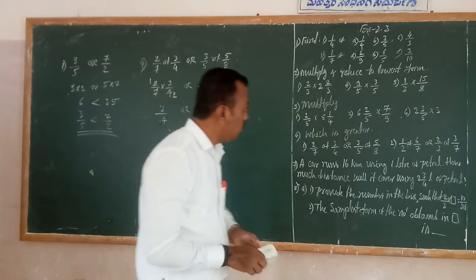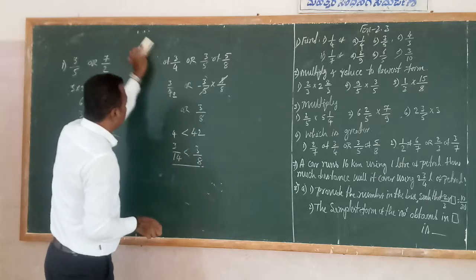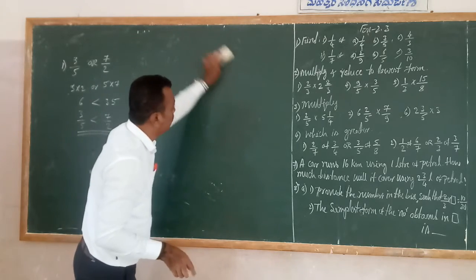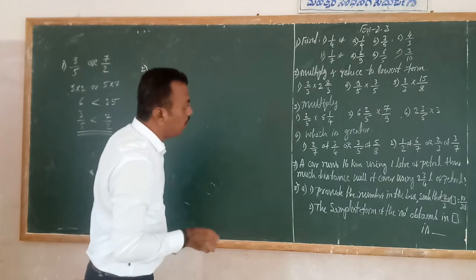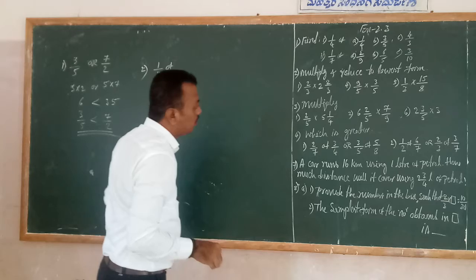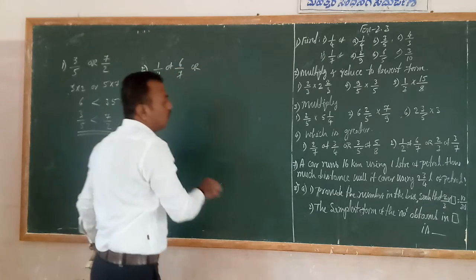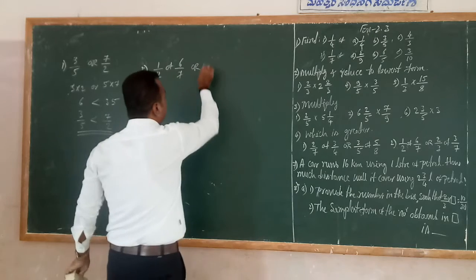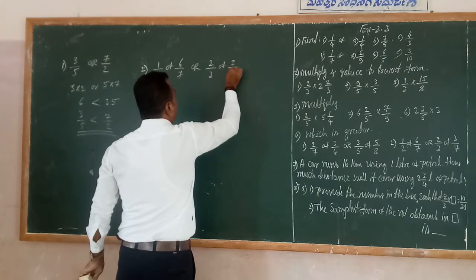Next one, question number second. Can you do it? Question number second? I will show it one more time. See, second one: 1 by 2 of 6 by 7, or 2 by 3 of 3 by 7.